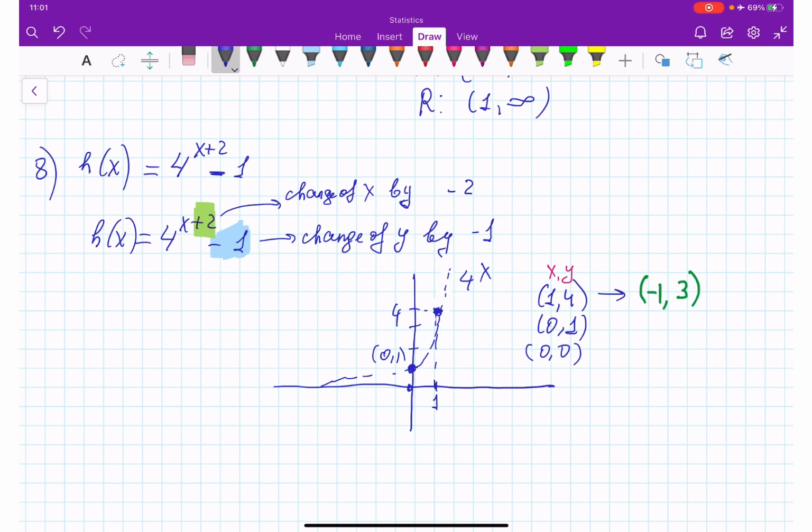Next, 0, 1. 0 minus 2, it's going to be -2. And 1 minus 1, it's going to be 0. All right? And 0, 0 is going to be replaced with -2 and -1.